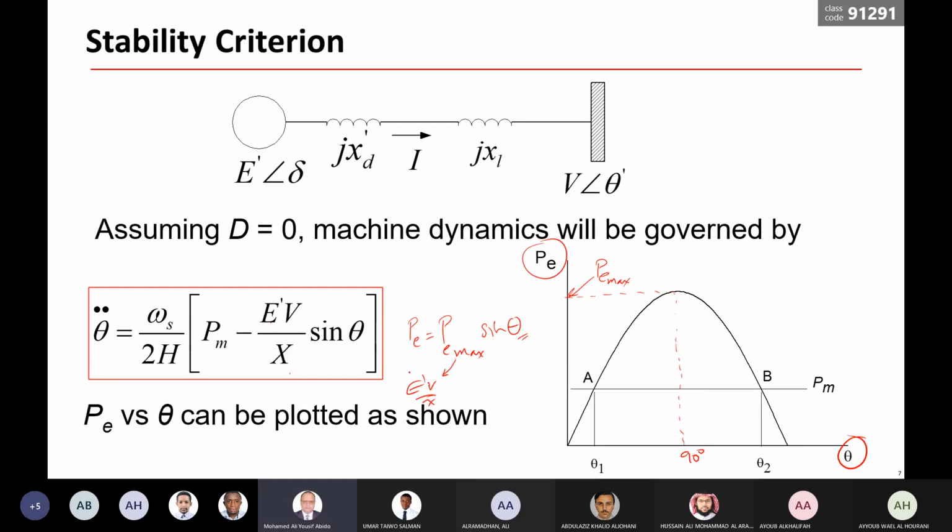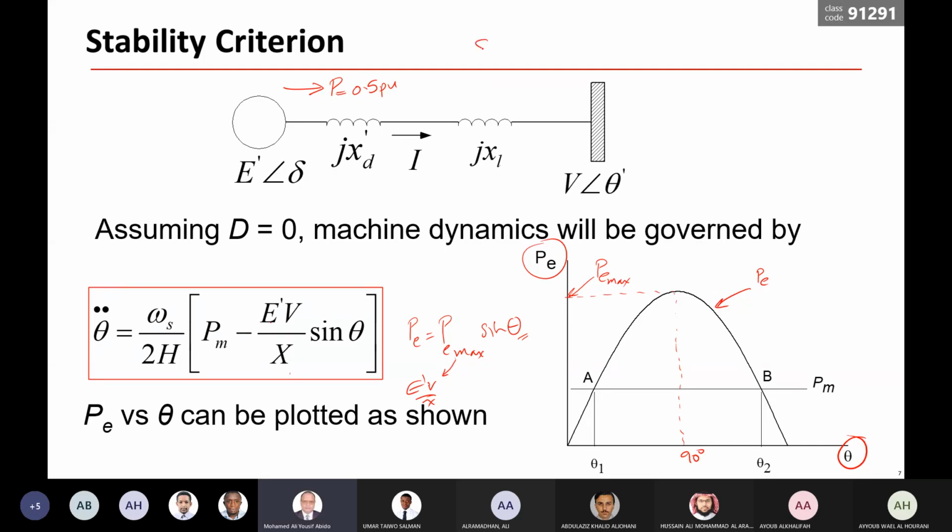Okay, where is the operating point? This is P_E, and this is how P_E changes with theta. If you are given a certain power delivered at steady state, assume that at steady state the power here equals 0.5 per unit.